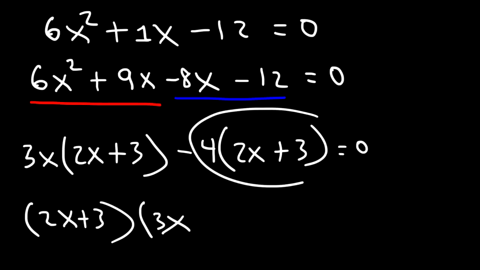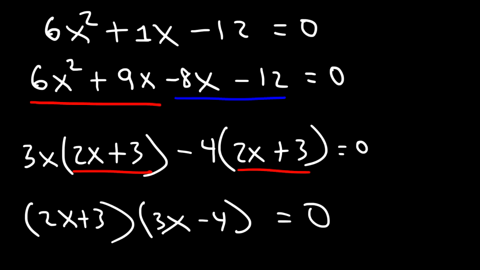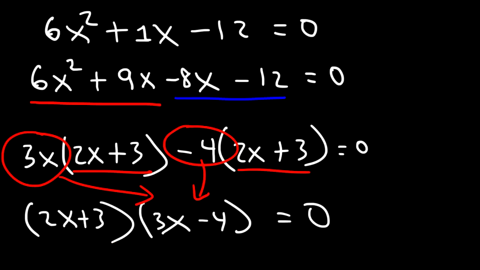Likewise, if you take this and divide it by 2x plus 3, you'll be left with negative 4. So basically, what you need to do is write this once, and then everything outside of it, just put it inside the second parentheses.